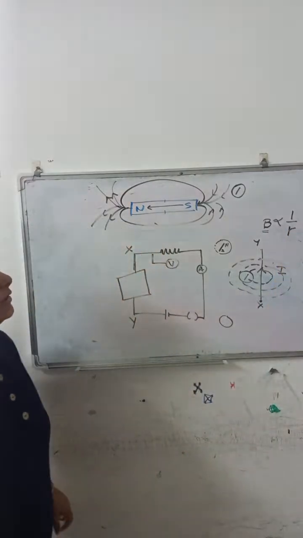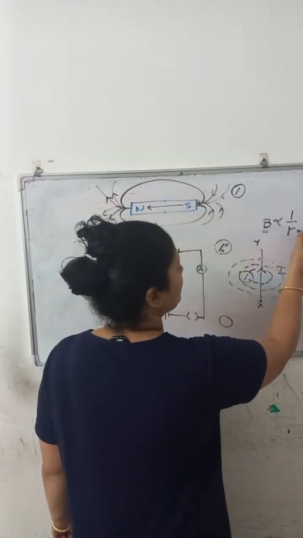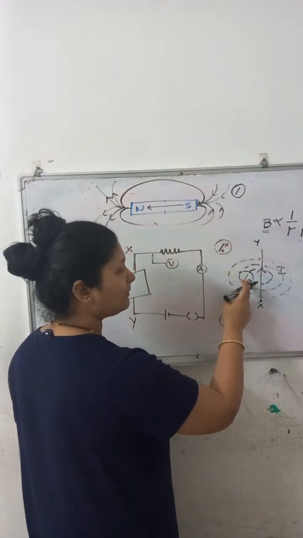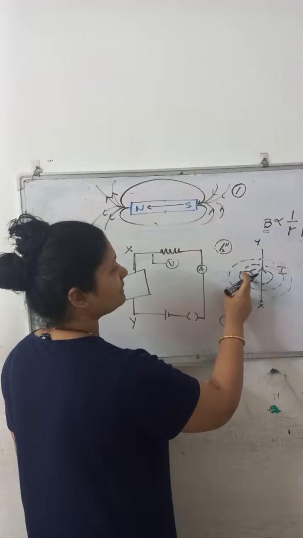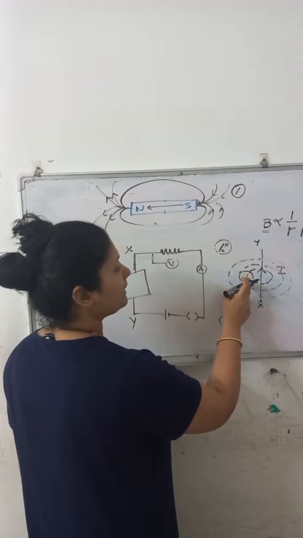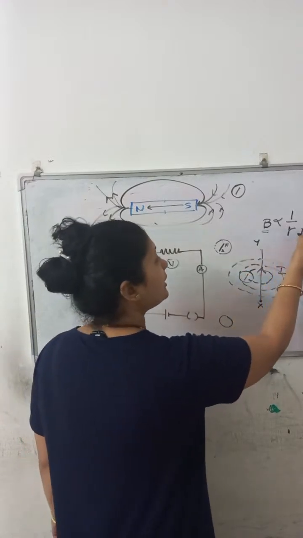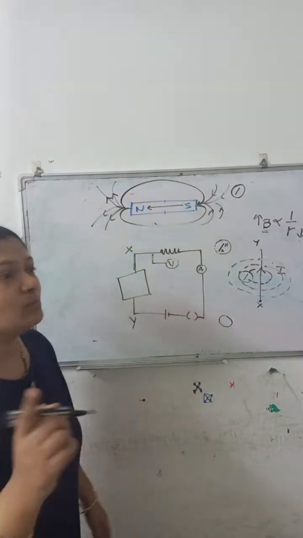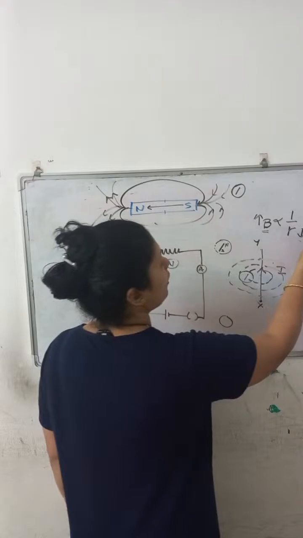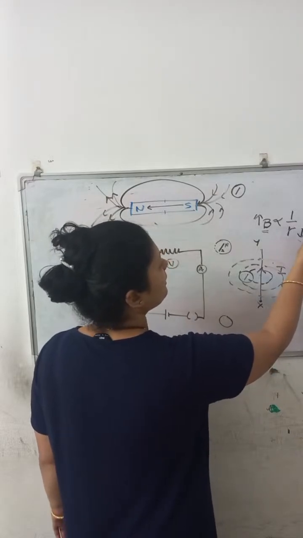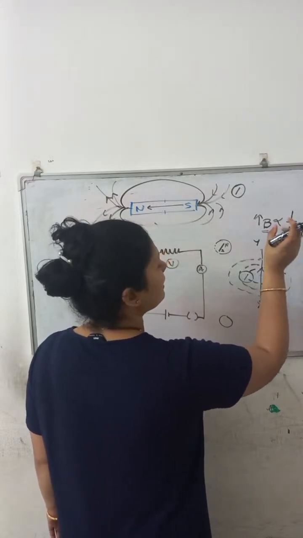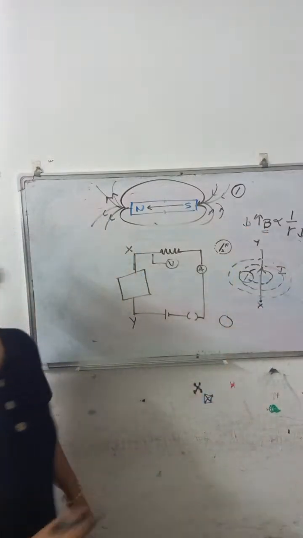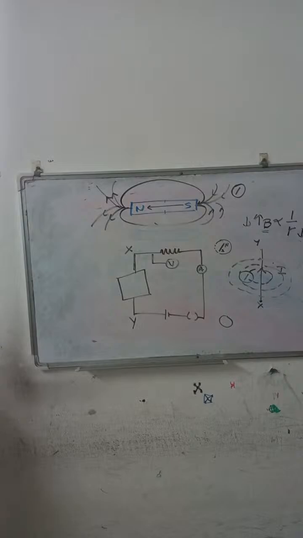Can you get it? When the distance between the current carrying conductor and the compass reduces, the effect of the magnetic field is more. When the distance between the current carrying conductor and the compass is more, the magnetic field is less. This concept is very, very important.